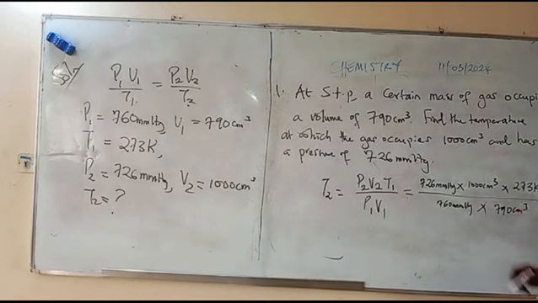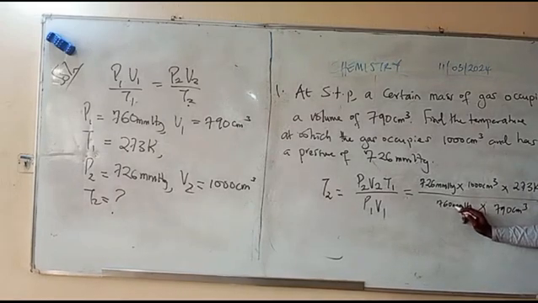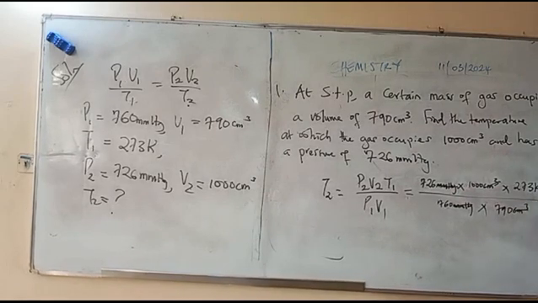So let's cancel out the units. Millimeter mercury cancels millimeter mercury, cm³ cancels cm³. We are left with this. You can punch a calculator if you want. Another person should use a calculator.